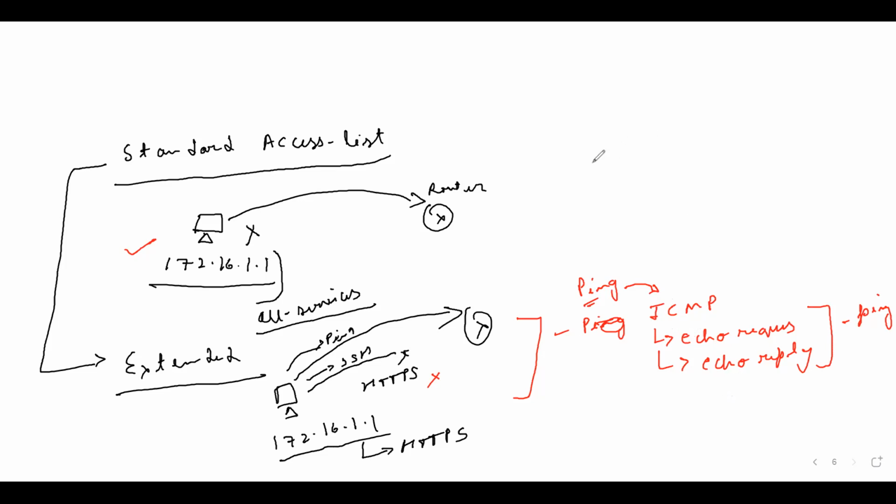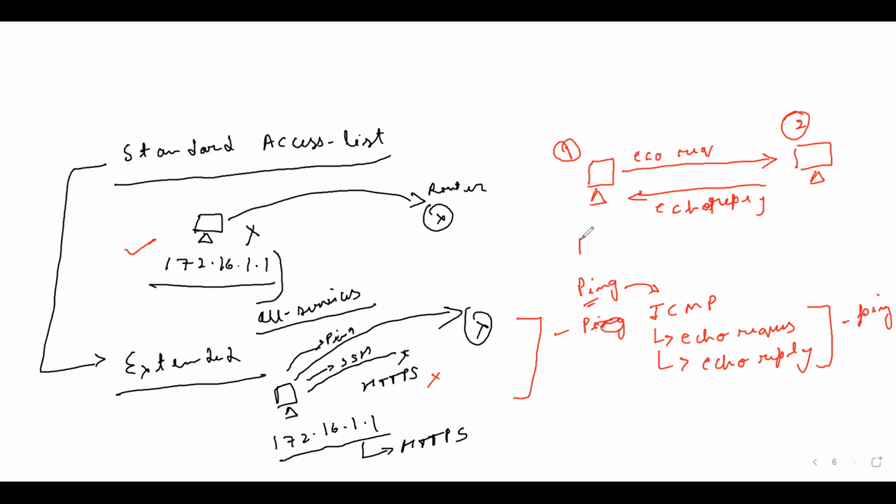ICMP has two messages, echo request and echo reply. Echo request is the normal message. Suppose there are two PCs, PC1 and PC2. PC1 will send an echo request, just asking, are you there? It will reply, yeah, I am here, echo reply. That thing we say ping.